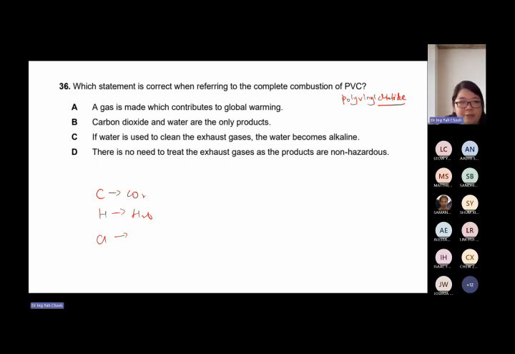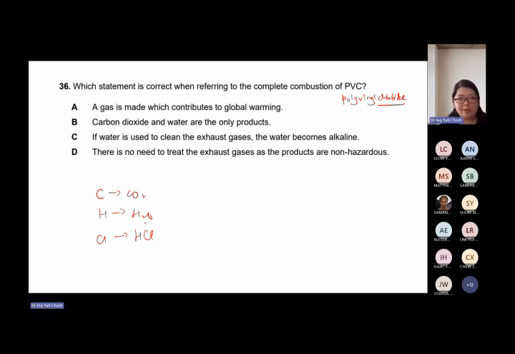Instead it reacts with the hydrogen from the water to form HCl. Cl or any other halogen atom in the combustion, because water is also produced, so you have some hydrogen ions or hydrogen atoms that can combine with these halogen atoms to form hydrogen halides, HCl, HBr, HI. So from here you can see that an acidic product is formed.